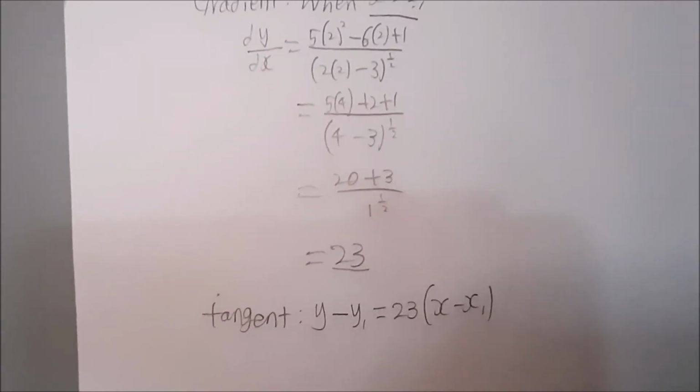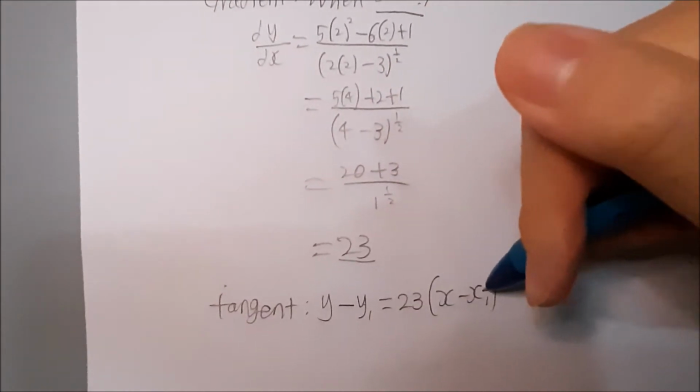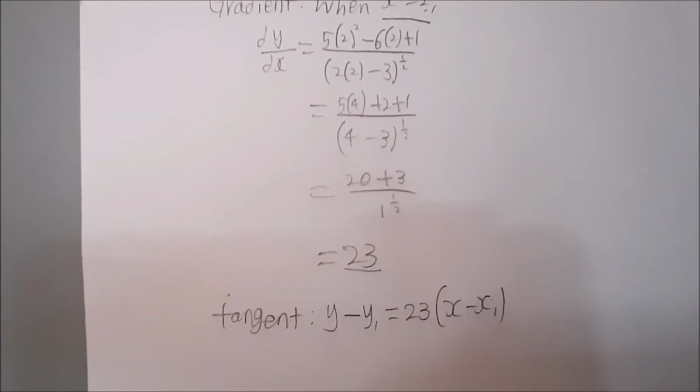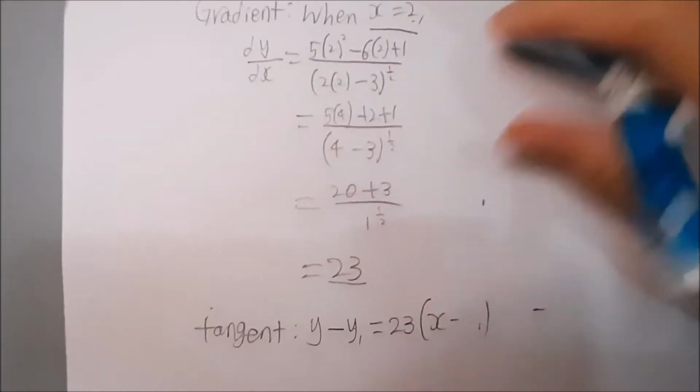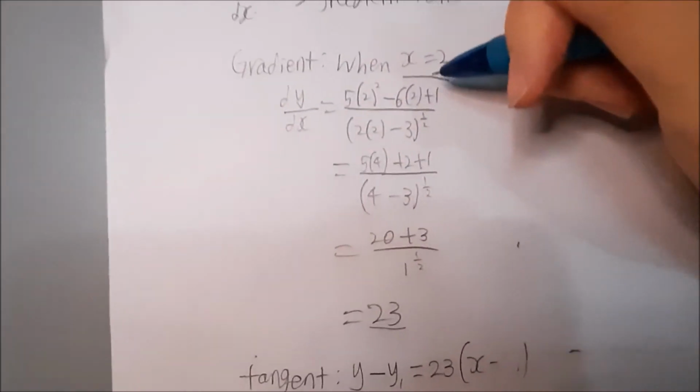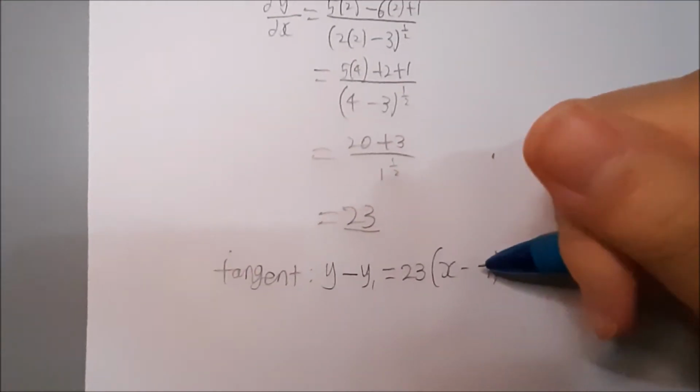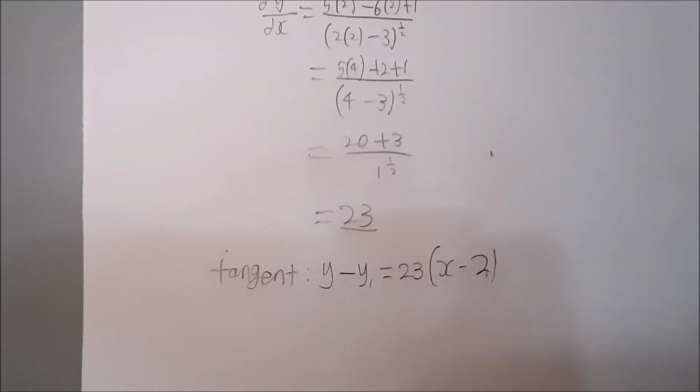And now you can see that there's a problem because we don't know what the coordinates are for the x and y values. Well, we know the x value because we have substituted x as x equals 2. So x is 2. So how do you get the y value?